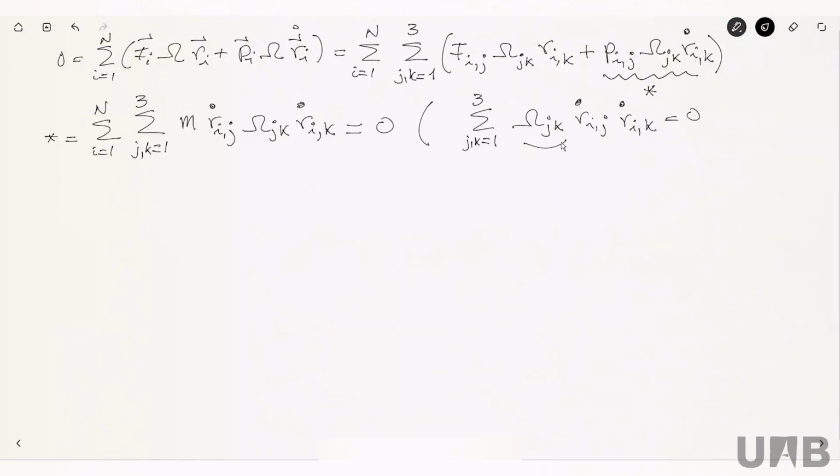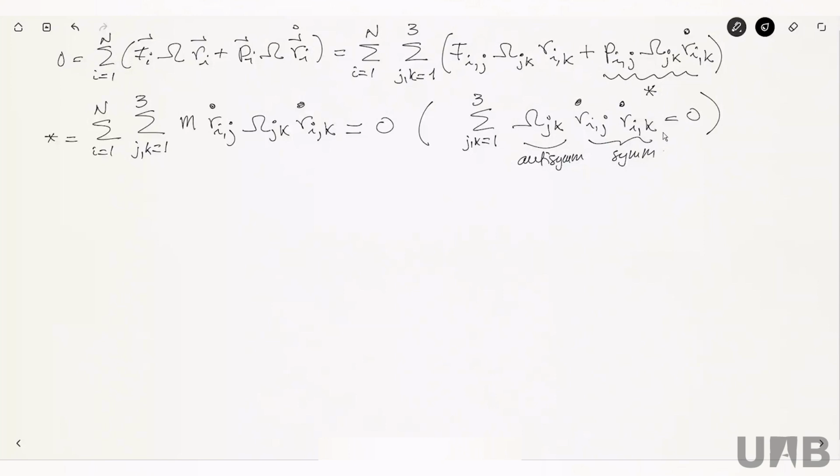This equals 0 because omega is anti-symmetric and this product is symmetric in the indices jk. This is an anti-symmetric matrix in the indices jk, and I'm contracting both of them. I'm computing the trace of the product, okay? So that necessarily vanishes.